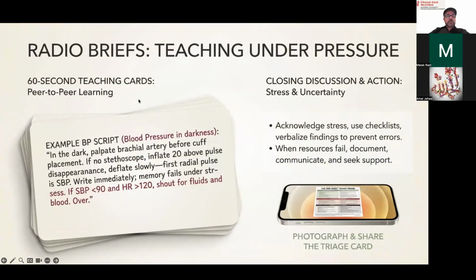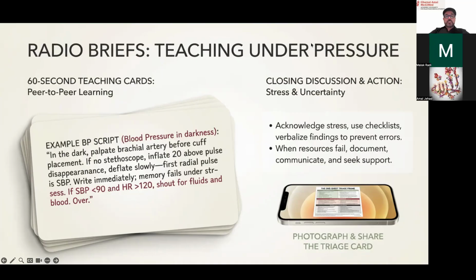Okay? Now, a few seconds of important cards. Number one, when you have blood pressure in the dark, you need to palpate the brachial artery before the cuff placement. If no stethoscope, inflate 20 above the pulse disappearance.